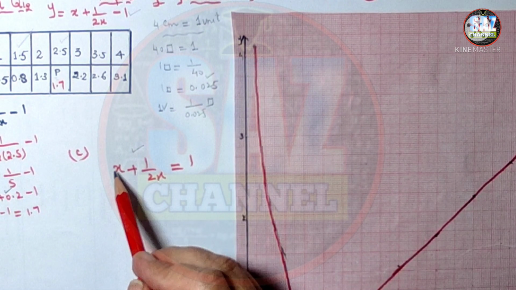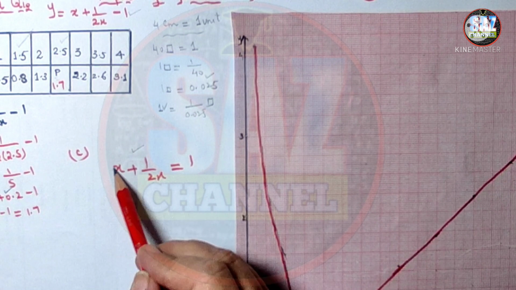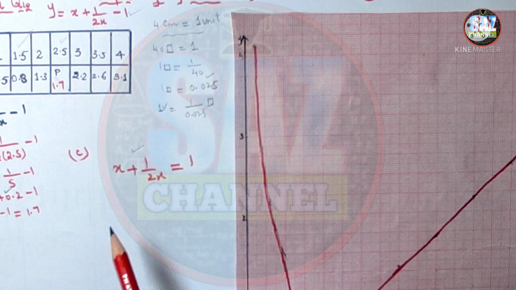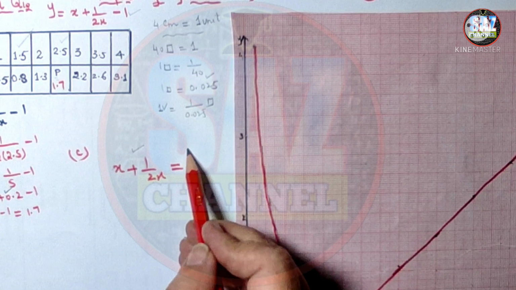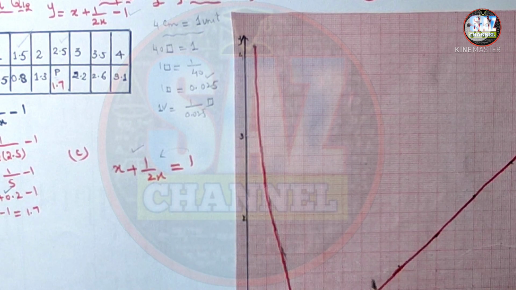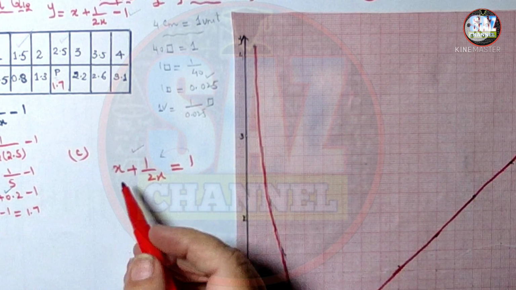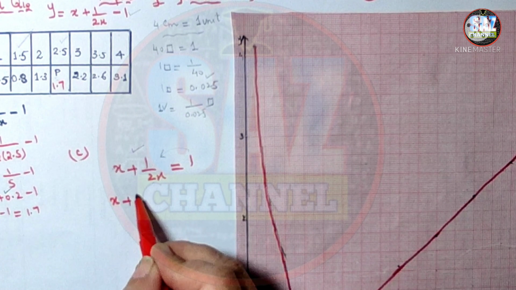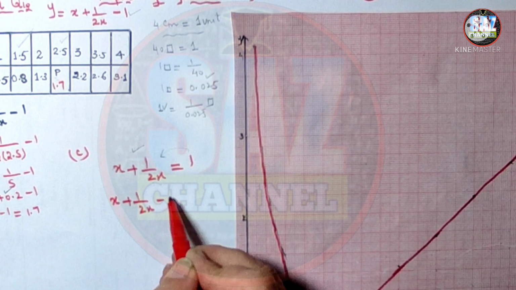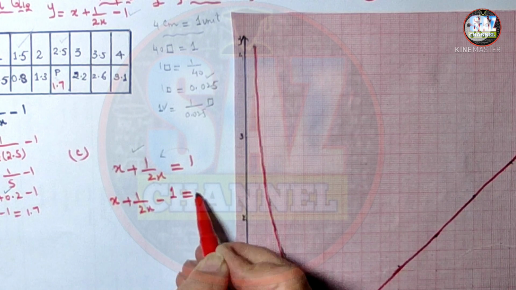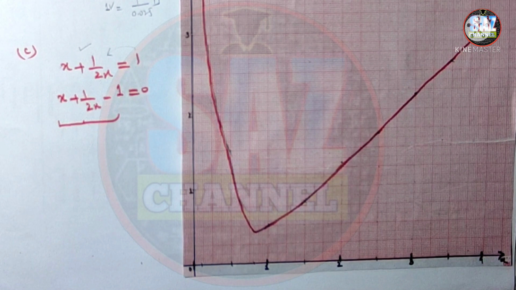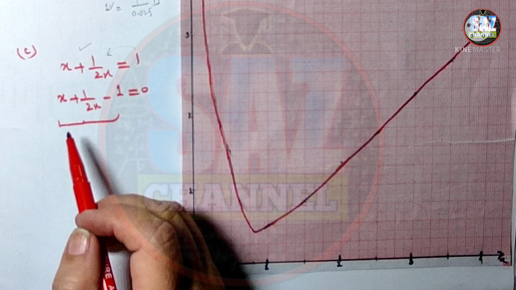In the given equation, the x plus 1 over 2x part is matching, but over here we have minus 1 as well. So we can shift this 1 to the other side, and the equation will take the form (x plus 1) over 2x minus 1 equals 0. Okay, now see it carefully and compare it with the given equation.